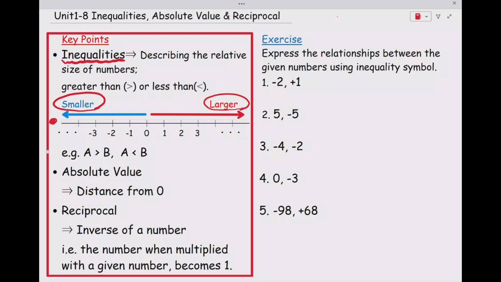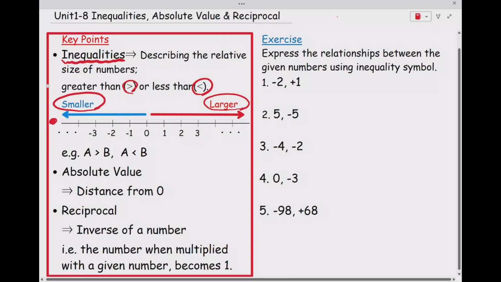And inequalities, which means greater than or less than, can be expressed with symbols like this or that. And it reads as greater than or less than. The key point here is that the number on the open side is the larger number.